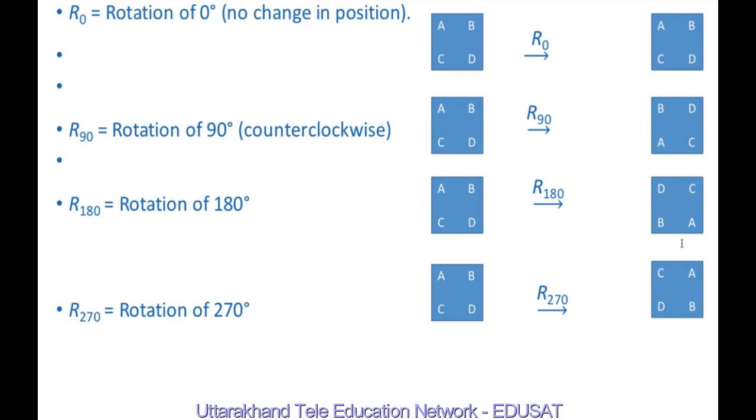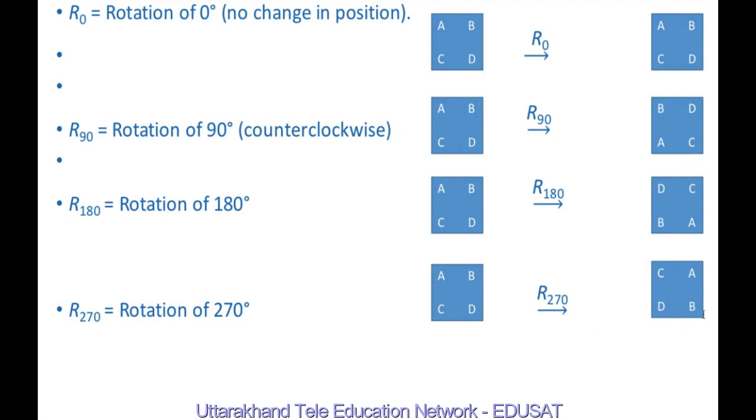When we again rotate it by 90 degrees, corner C will come here, corner D will come here, corner B will come here, and corner A will come here. And this is a rotation of 270 degrees given to our initial square. When we give this square a rotation of 270 degrees, we will get this square.